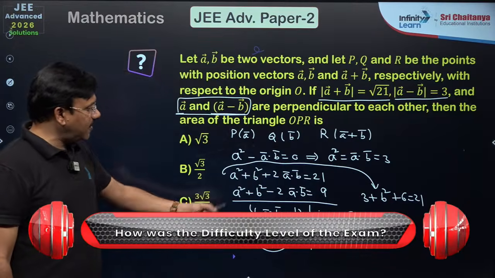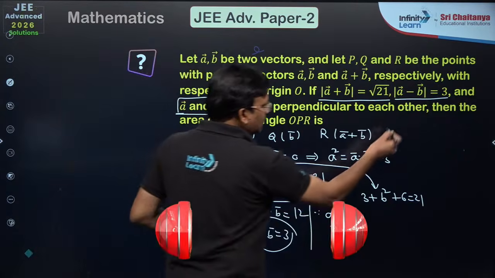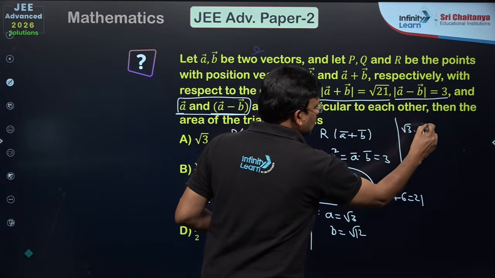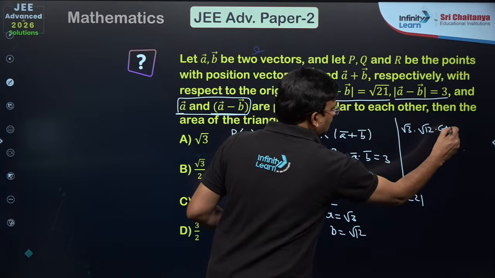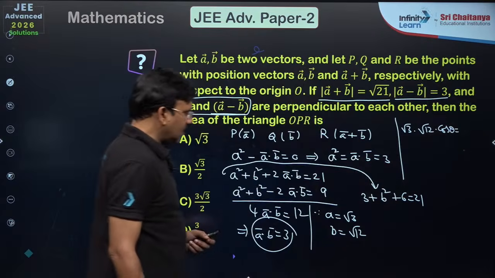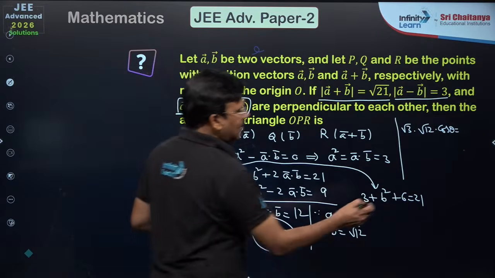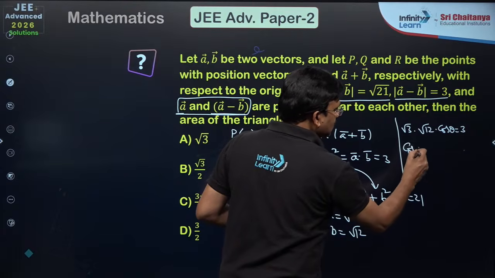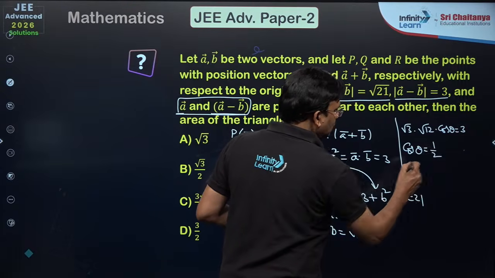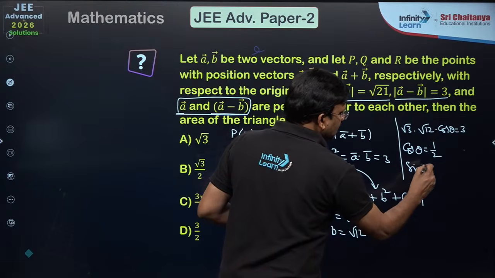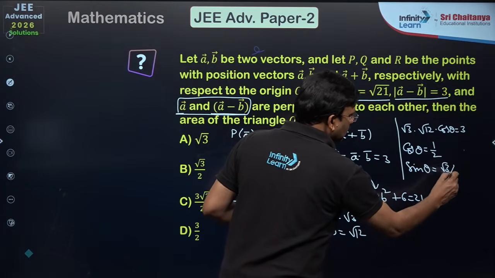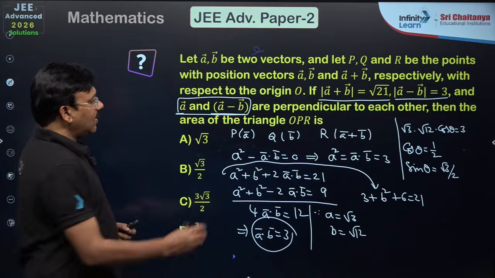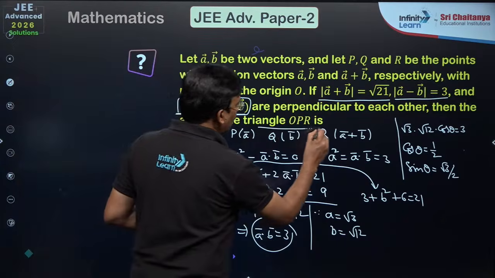Since A dot B is equal to 3, magnitude of A into magnitude of B into cos of the angle between them is going to be 3, and hence cos theta is going to be 1 by 2, so sin theta is going to be root 3 by 2. This is all because my aim is to find the area of triangle OPR.